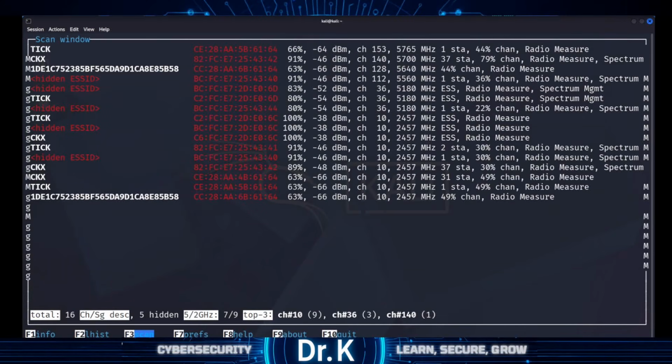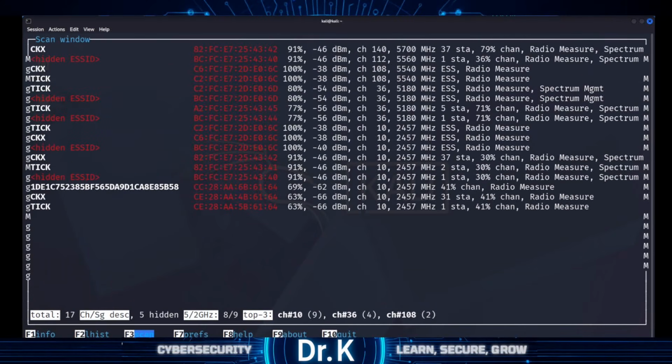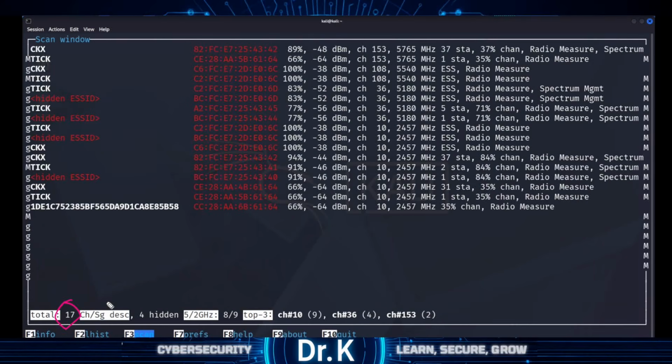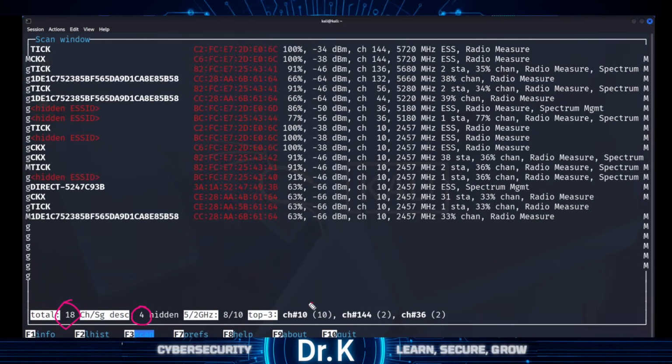And then finally, we have the bottom status bar. Now we can see 17 right there. Let me circle that for you guys. We can see that 17 right here for total. All that means is that Wavemon has detected 17 different wireless networks. Not too bad, right? We can see 4 hidden networks. Then we can see our top 3 channels are 10, 144, and 36.